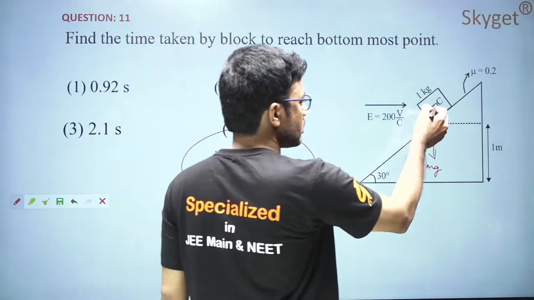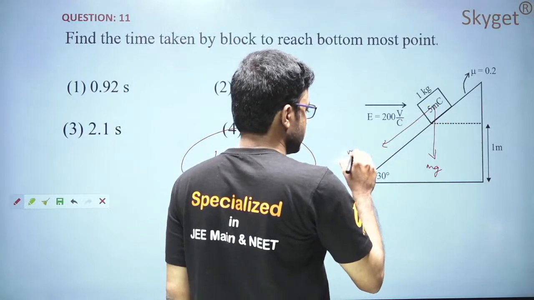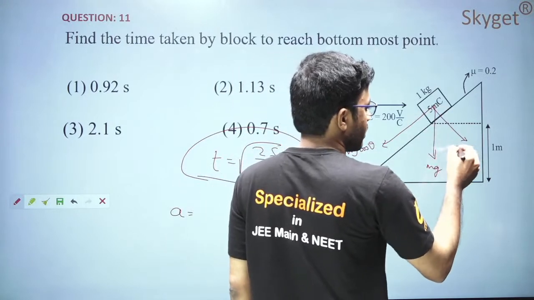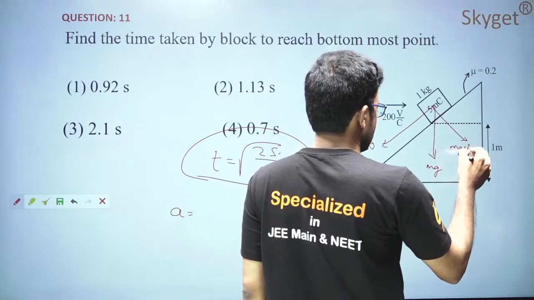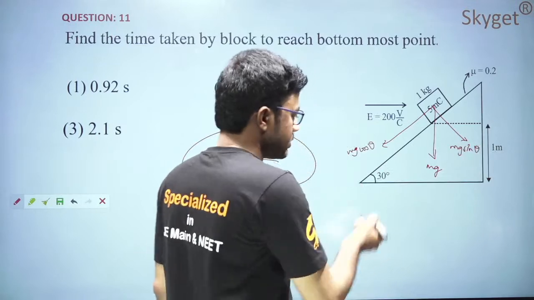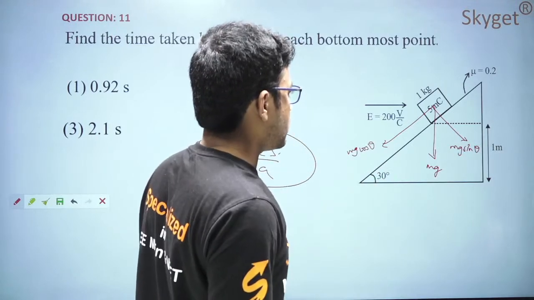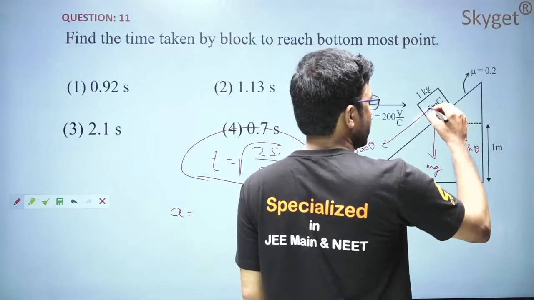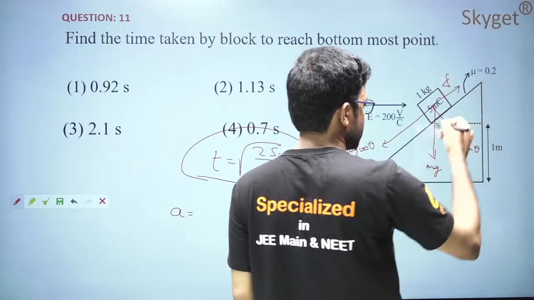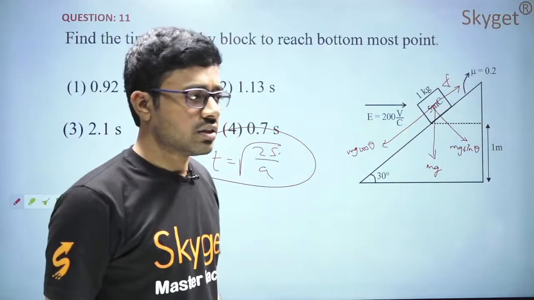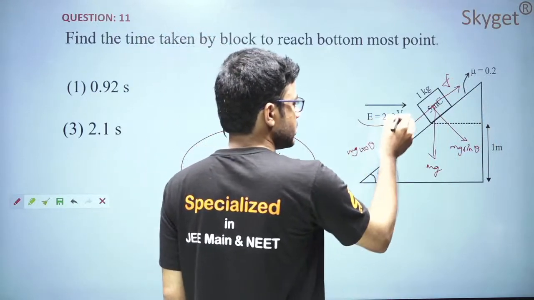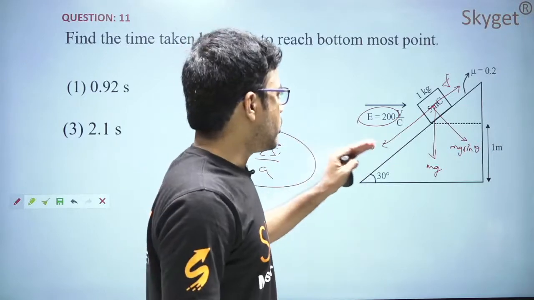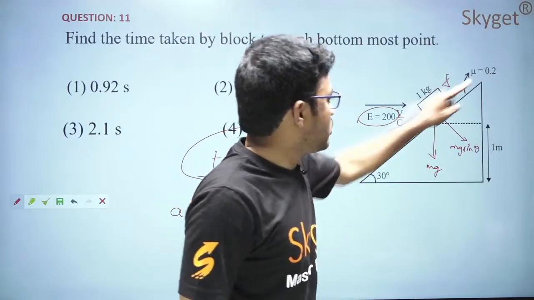So this is mg cos theta, and this is mg sin theta, where theta is 30 degrees. What are the forces acting on this block other than the weight? Frictional force acting in this direction as the block is sliding down, and also there is a field intensity acting in the horizontal direction, but the block can only move parallel to the plane.